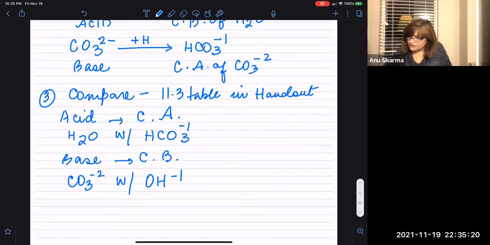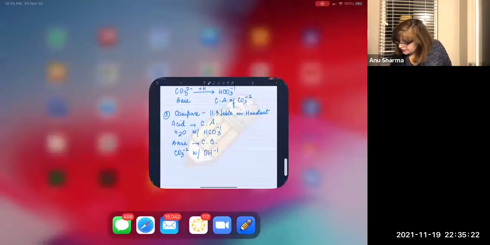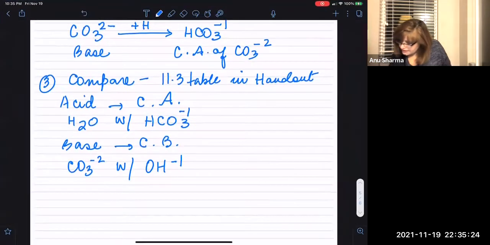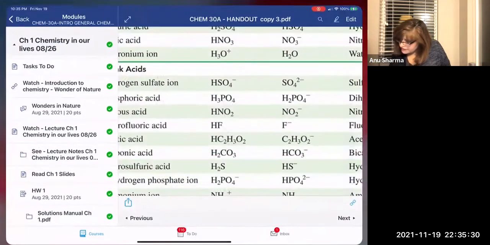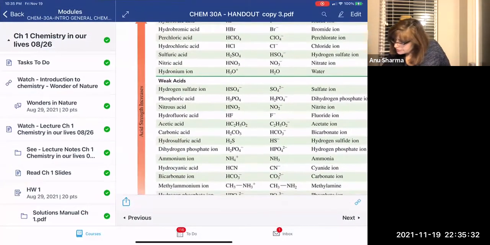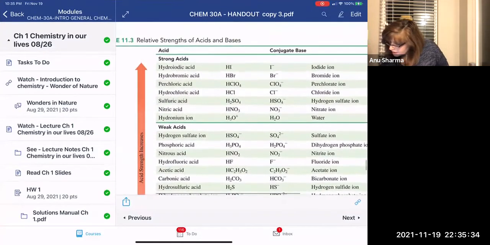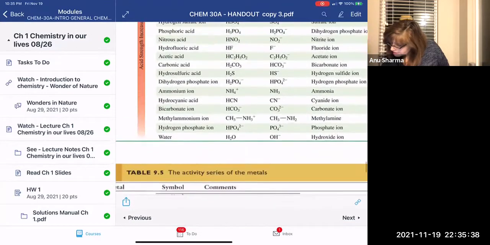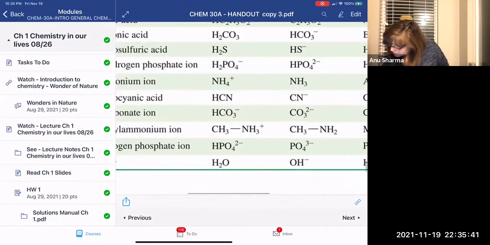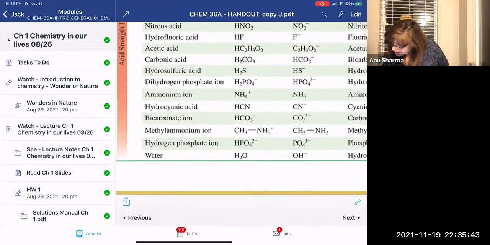So what do we see here? Water to bicarbonate. Water is the acid, and bicarbonate is the conjugate acid. Here's water down here, and bicarbonate is on the top.